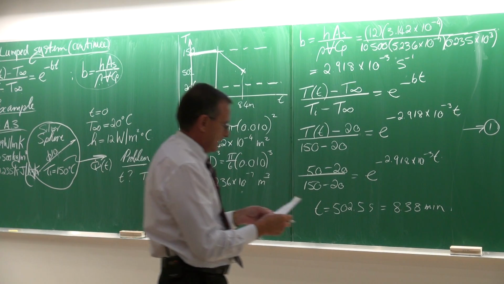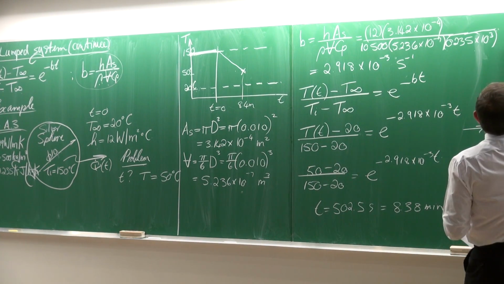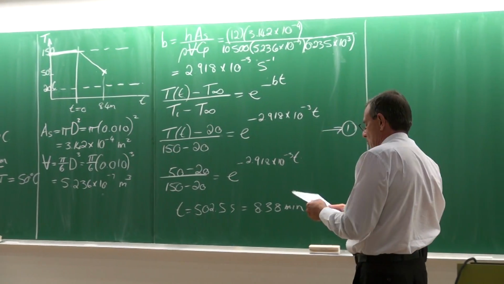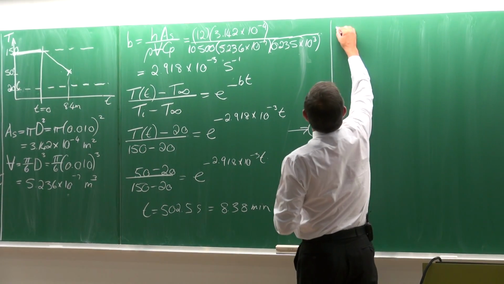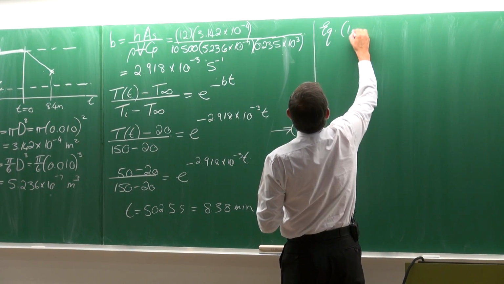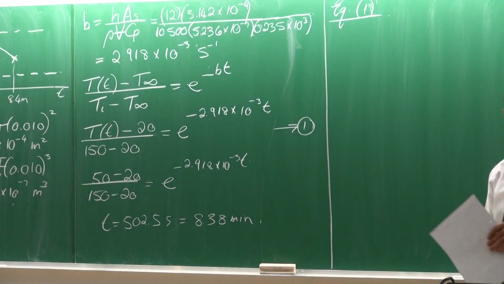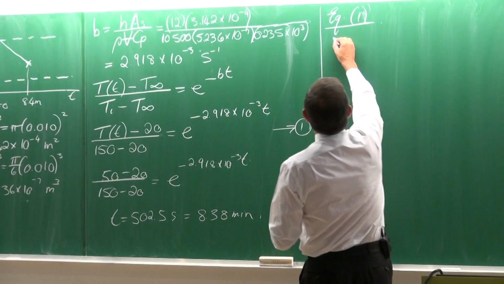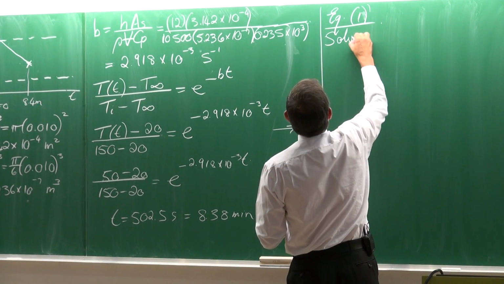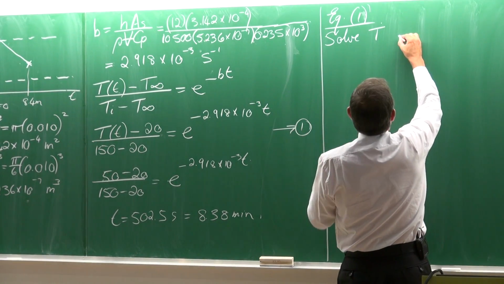Nothing. Okay. So what I want to add now to this problem is, let's come back to equation 1. That is why I've written it in that general format. Now we can also solve for T for different times.